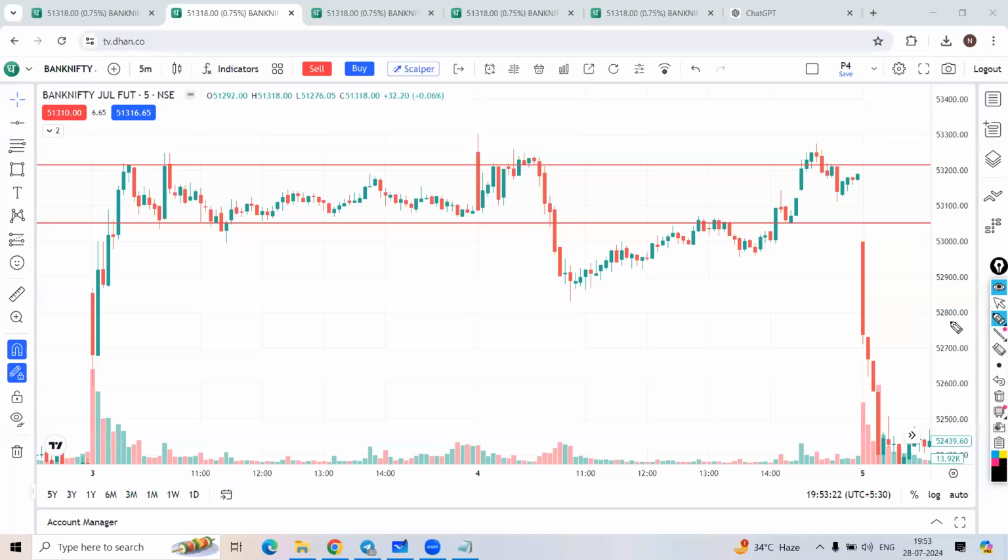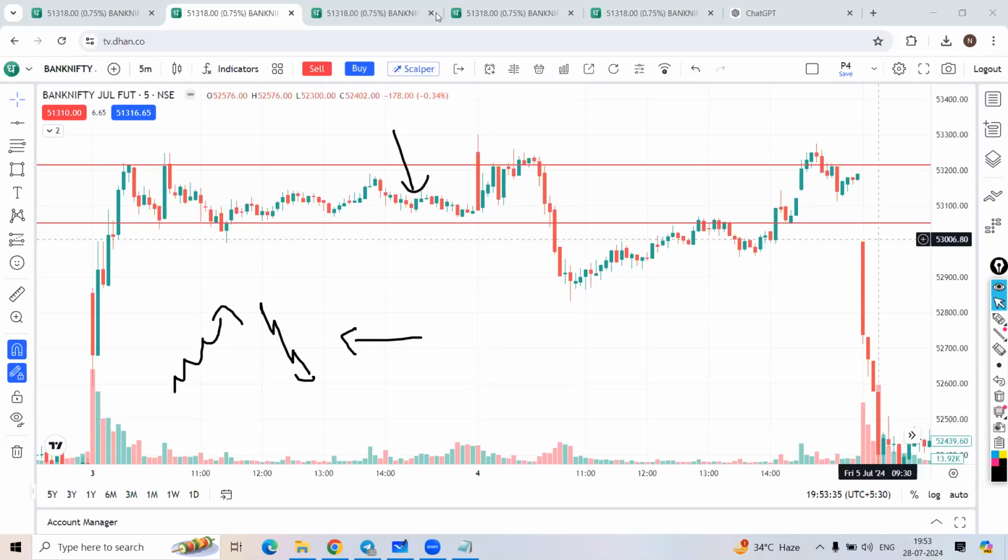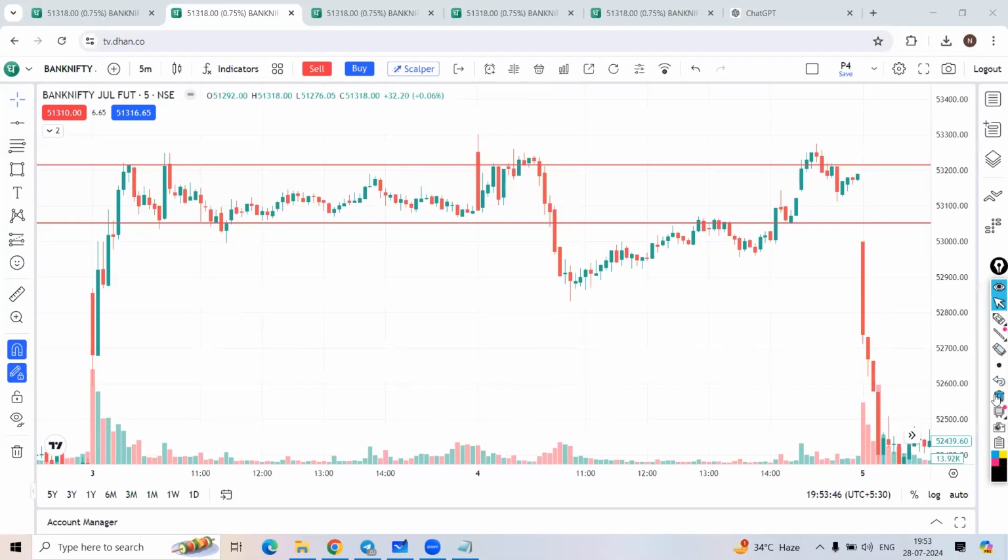So what is my plan? To find the direction around the zones or levels and then just go with the direction. That's my plan and that's my goal. Clear? So what are all the ways I can use this zone?